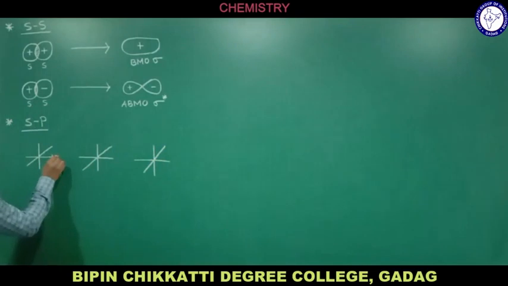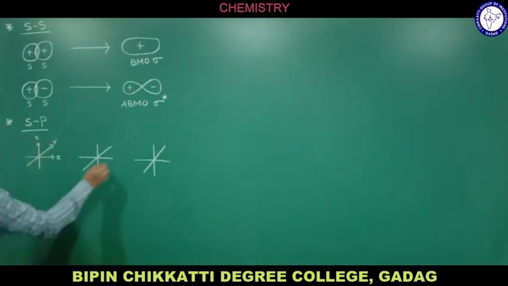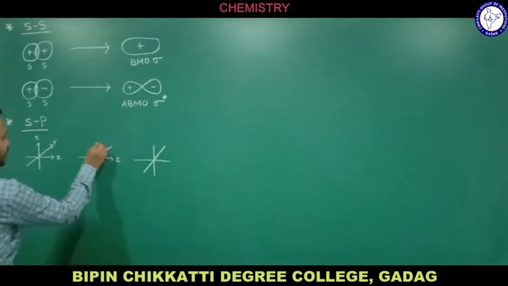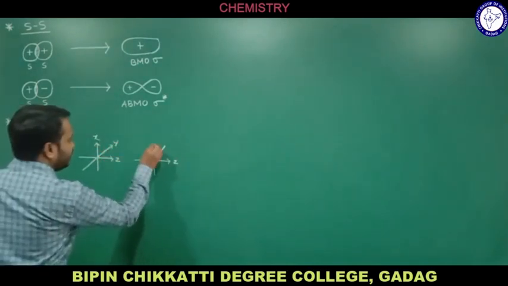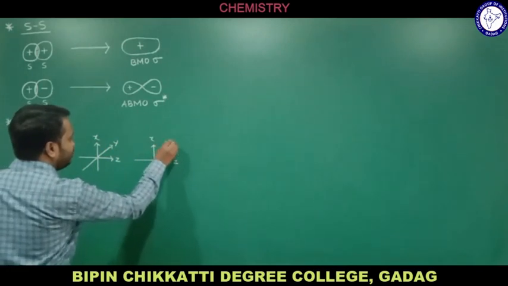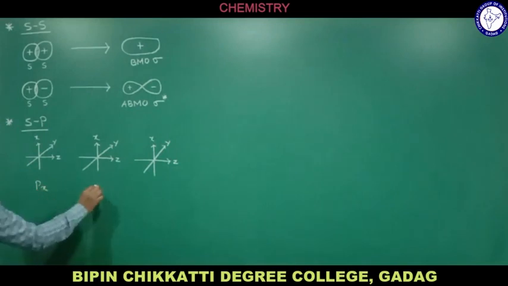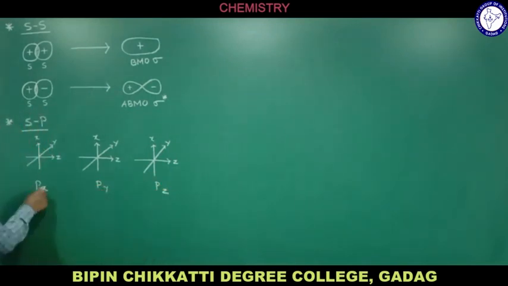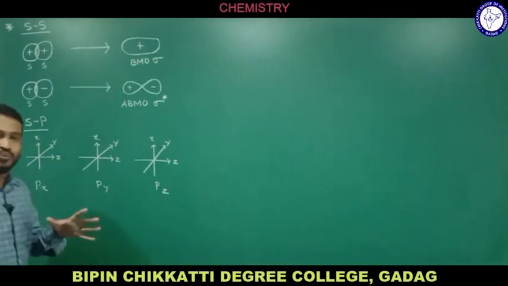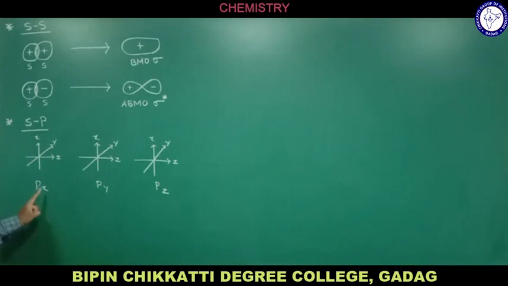Let us assume this is z and this is x and this will be the y, and similarly this is z and this x and this one will be y, and the same I write here z and x and this will be y. As we know, for p we have px, py and pz. For px the shape of the p atomic orbital is a dumbbell, and that too in the direction of x.